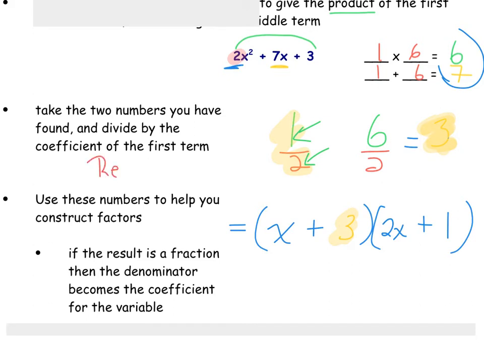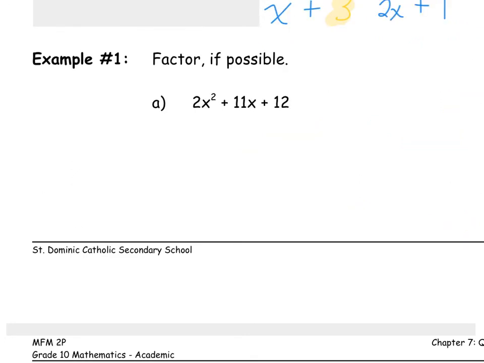So let's add that in. Reduce any fractions to lowest terms. There we go. So what I'm going to do here is I'm going to factor showing both methods.